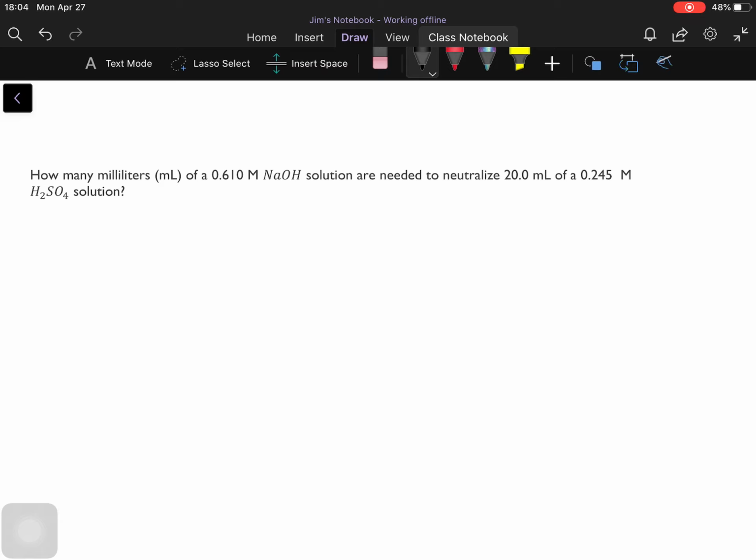Looking at this problem, we're going to add sodium hydroxide into the sulfuric acid solution in order to neutralize it. So that will give us an idea that sodium hydroxide is our titrant, sulfuric acid is our analyte.